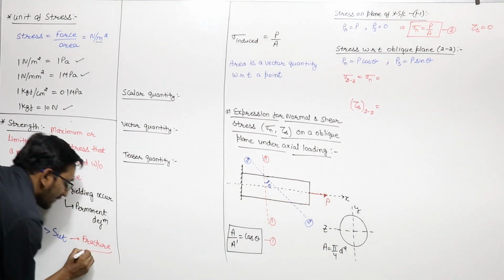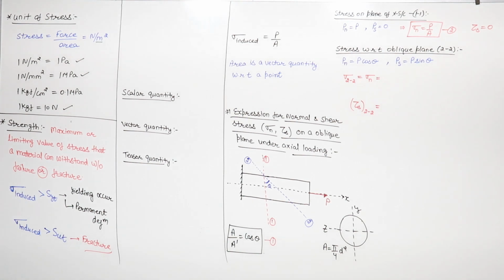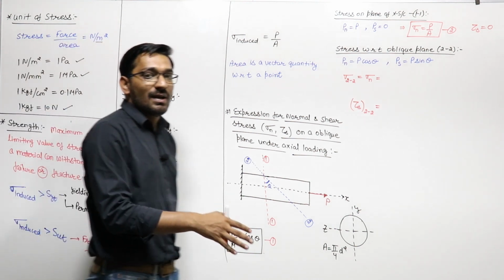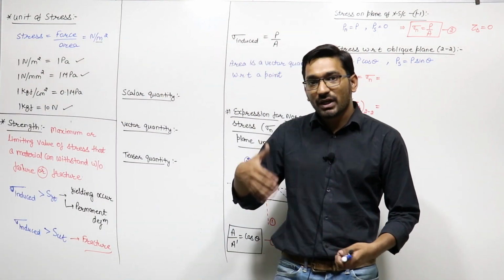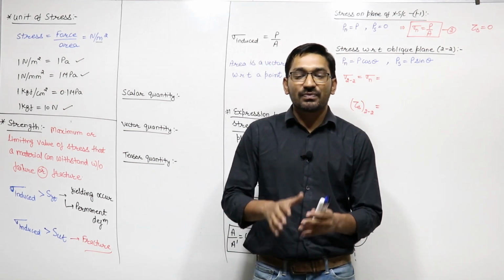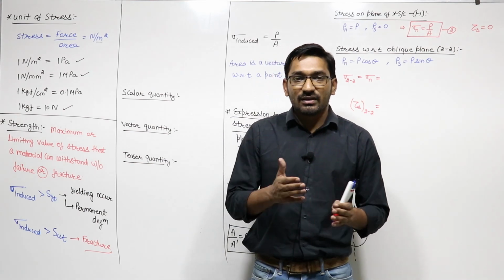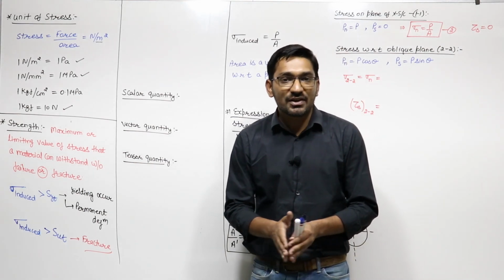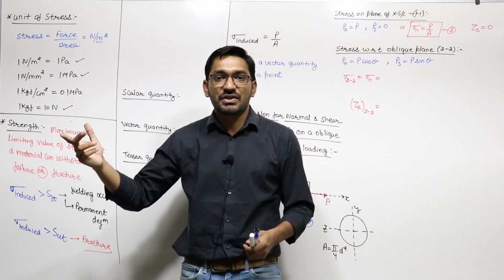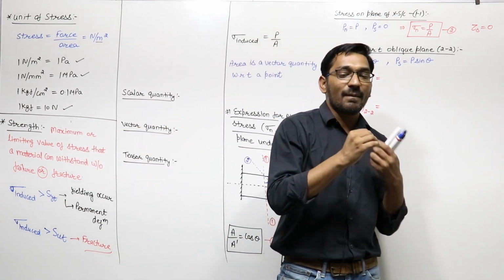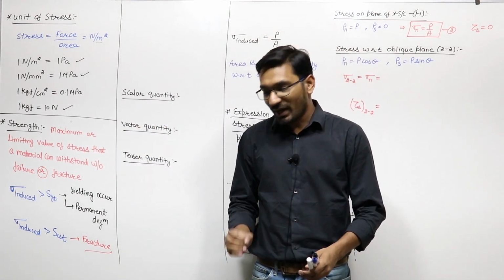This is the case of fracture and that was the case of failure. In strength of material, we are dealing with the failure, not fracture. Fracture will be studied in your theory of plasticity, but in strength of material, up to the level of our GATE or engineering services, we are only concerned about the theory of elasticity, that the stress will be within the elastic limit, it will not cross the elastic limit, so there must not be permanent deformation.